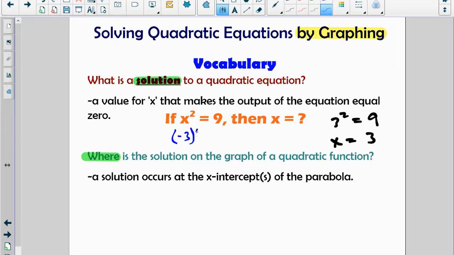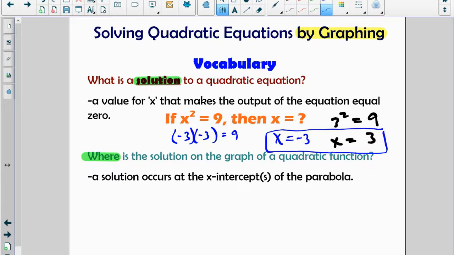Doesn't negative 3 times negative 3 also equal 9? So negative 3 squared is 9. That means that x could also equal negative 3. So there's actually 2 solutions to this quadratic equation.